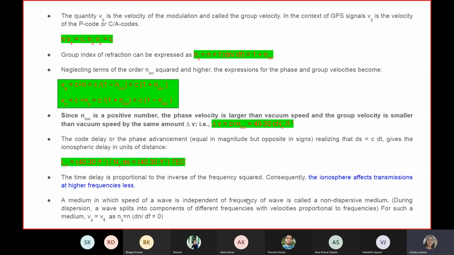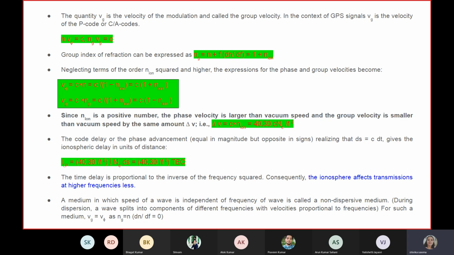The quantity Vg, the group velocity, is the velocity of the modulation. In the context of GPS signals, it is the velocity of the codes, P code and CA codes. So n times V phase is equal to c. Similarly, Ng times Vg equals c. This is the relationship between refractive index, the velocity of light in a medium, as well as the velocity of light in vacuum.